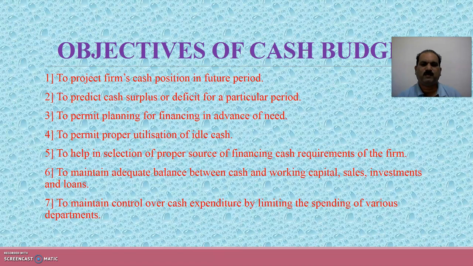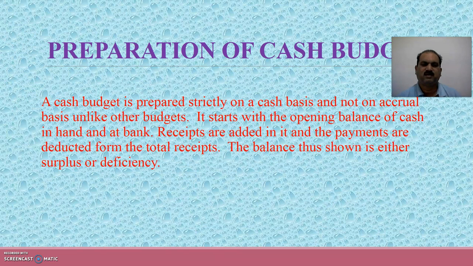Fifth, to help in selection of proper source of financing cash requirements of the firm. Sixth, to maintain adequate balance between cash and working capital, sales, investments and loans. And seventh, to maintain control over cash expenditure by limiting the spending of various departments.